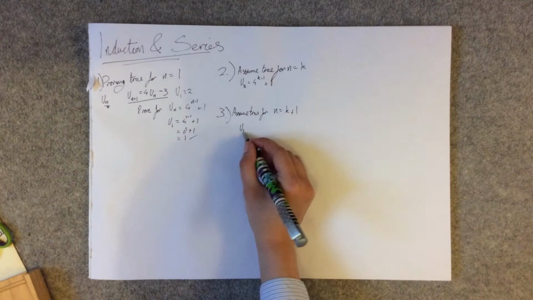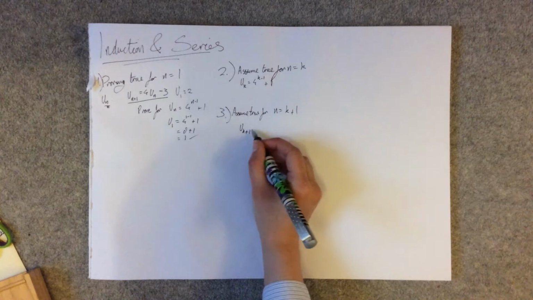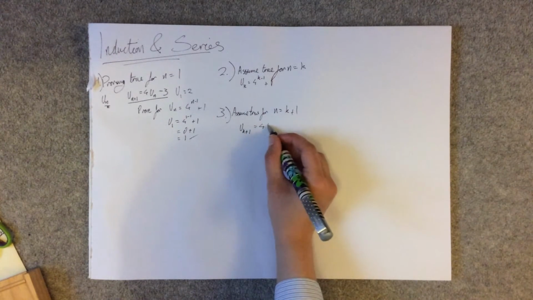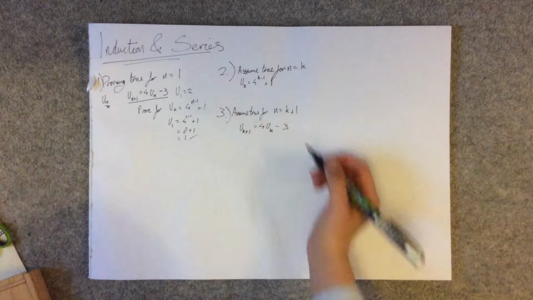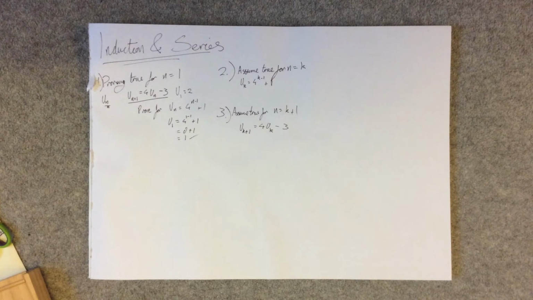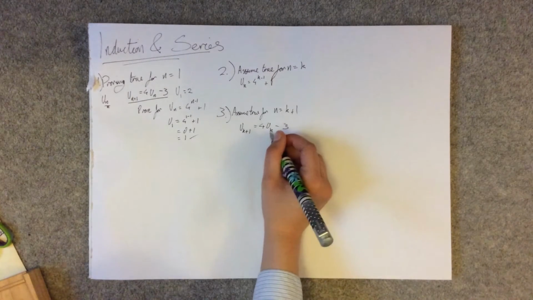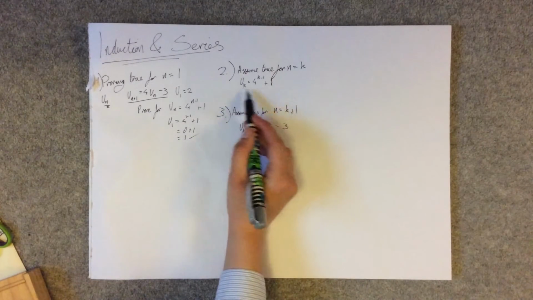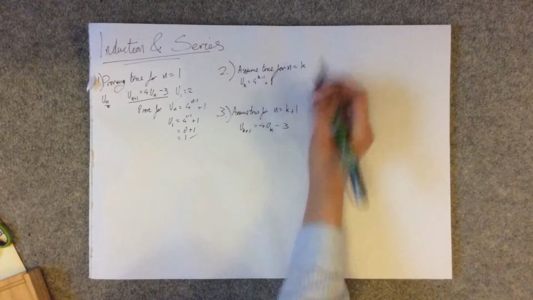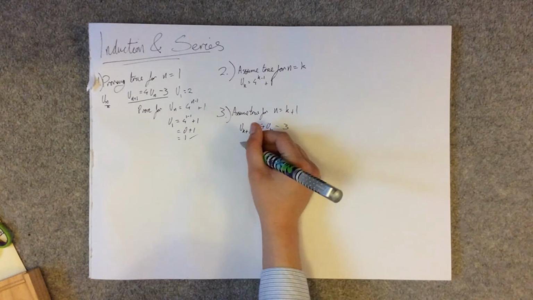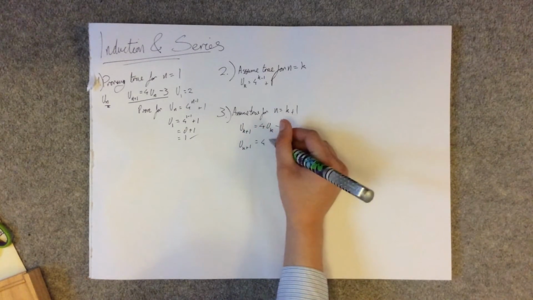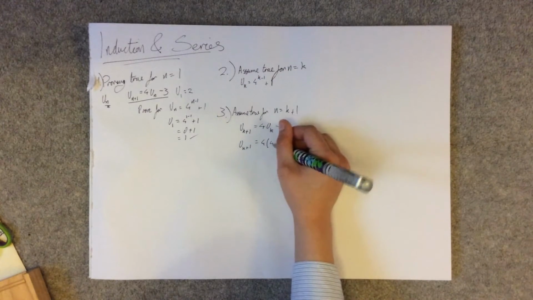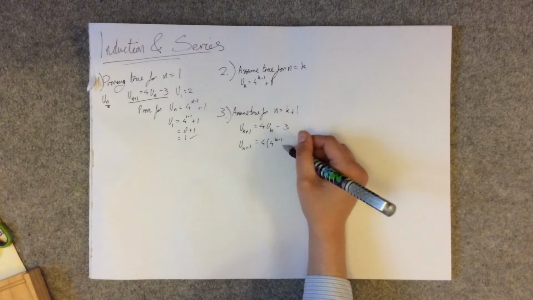So it's uk plus 1 equals 4uk minus 3. And this is uk. So you already have an equation for uk up here, so you simply sub this equation into here. So you've got uk plus 1 equals 4 times 4 to the k minus 1, plus 1, minus 3.